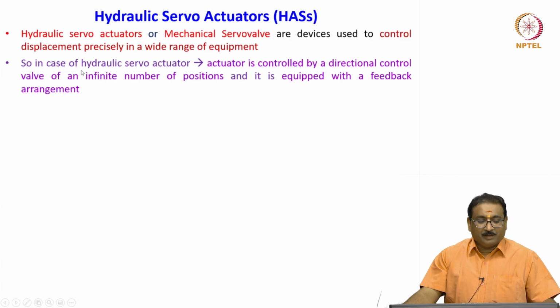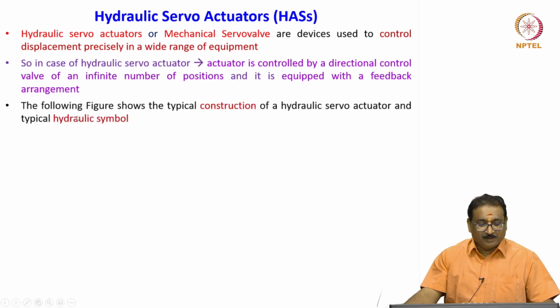So, in case of hydraulic servo actuator, the actuator is controlled by a directional control valve of an infinite number of positions, and it is equipped with the feedback arrangement. The following figure shows the typical construction of a hydraulic servo actuator and a typical hydraulic symbol.